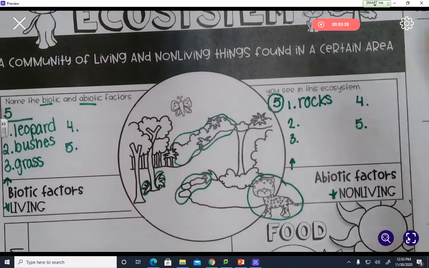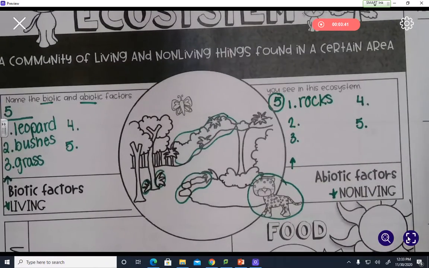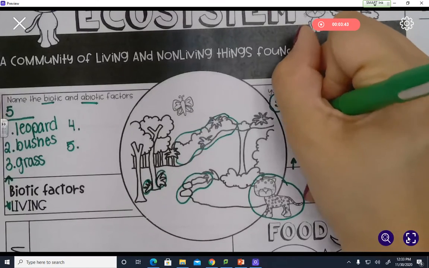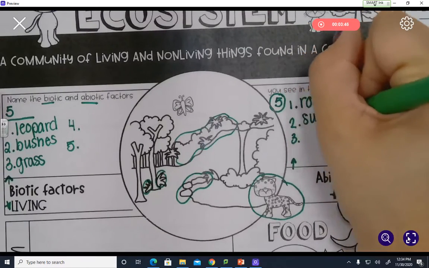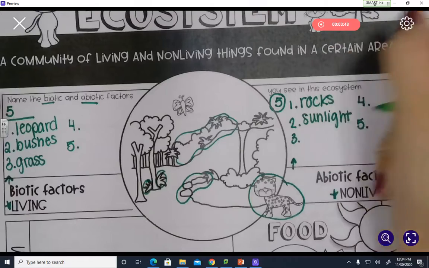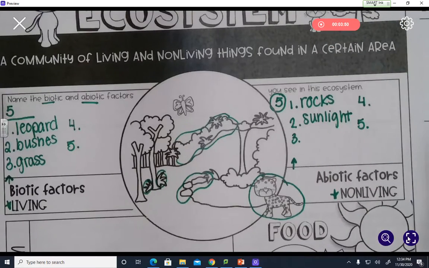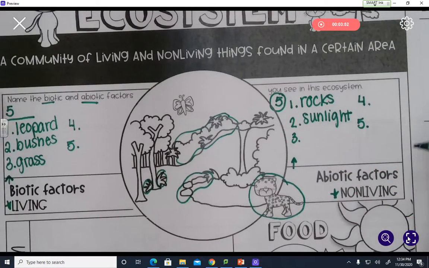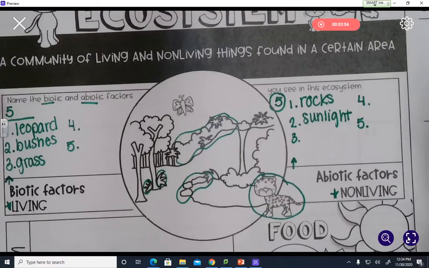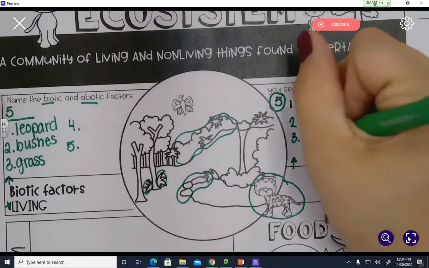Another thing that maybe we don't see but we know is there is going to be sunlight. And another thing that we don't see but we know is there because we have trees would be air.